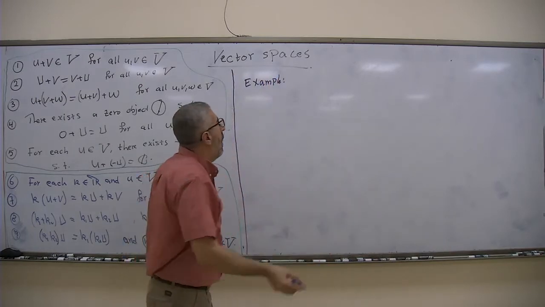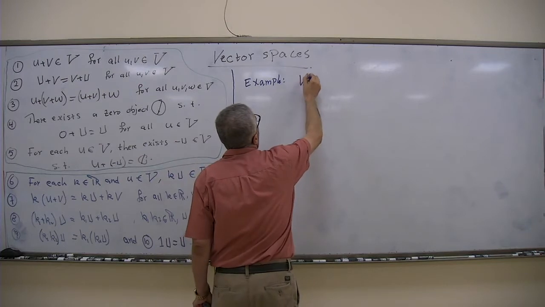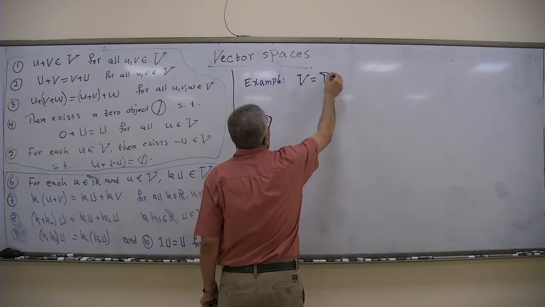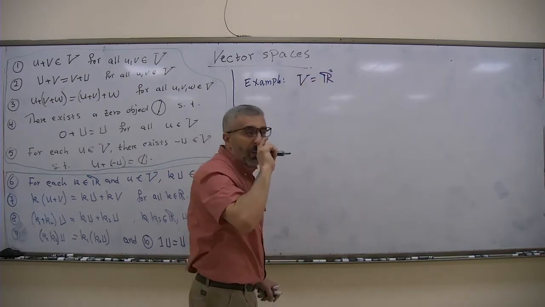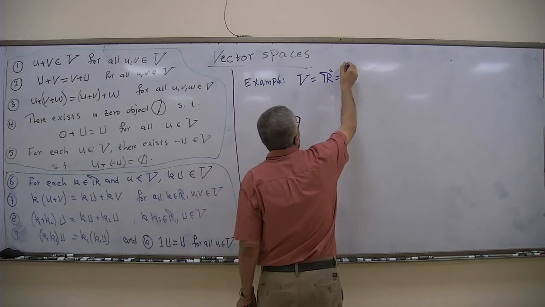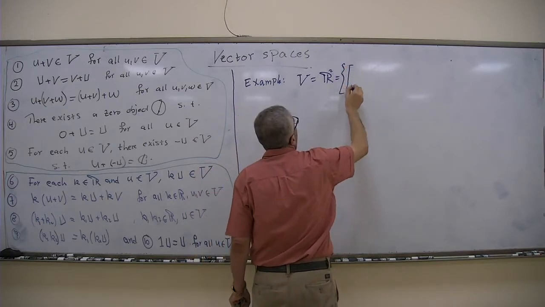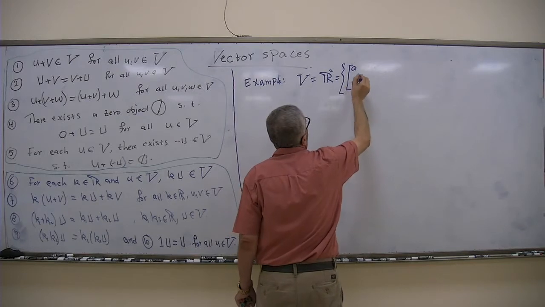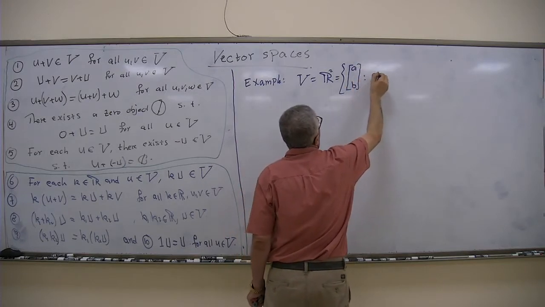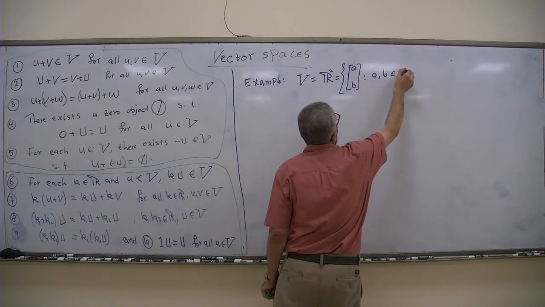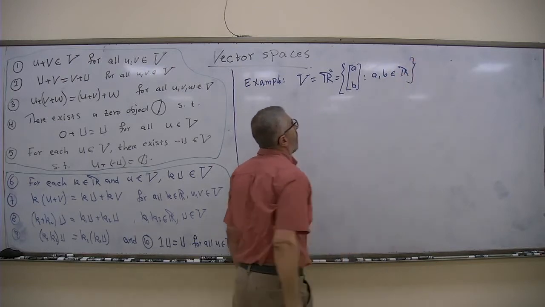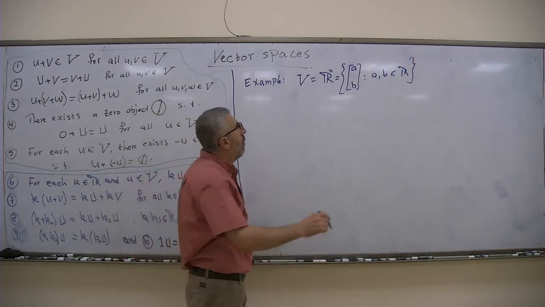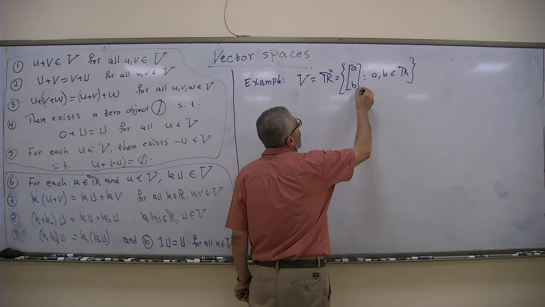Let's take R2. And what do we mean by R2? We mean by R2 all matrices of this form, a, b belongs to R. So here are all 2 by 1 matrices.